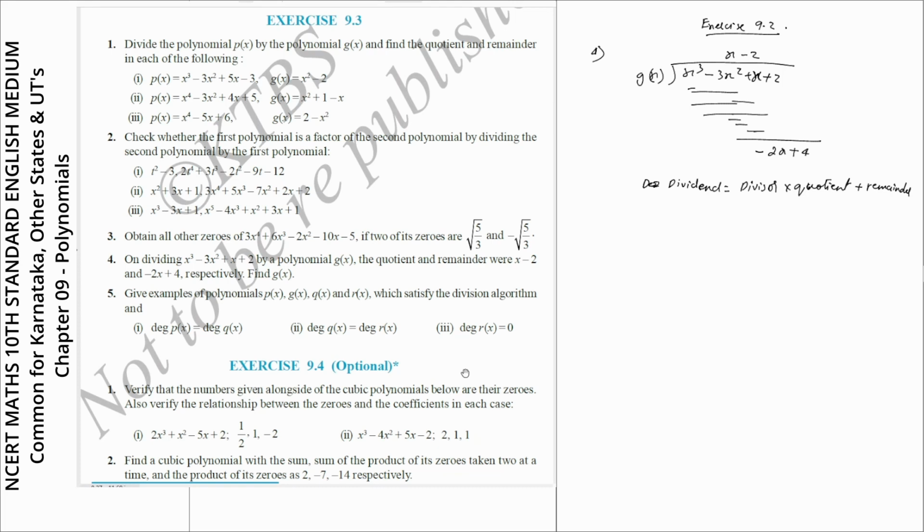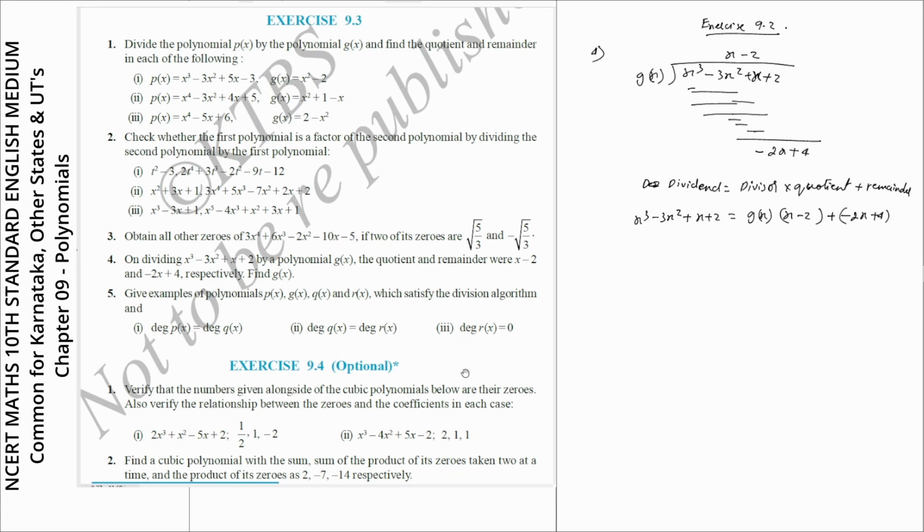So what is dividend? Here we know that dividend is x cube minus 3x square plus x plus 2. So what is divisor? Divisor is g of x. What is the quotient? Quotient is x minus 2, and what is the remainder? Minus 2x plus 4 is the remainder.